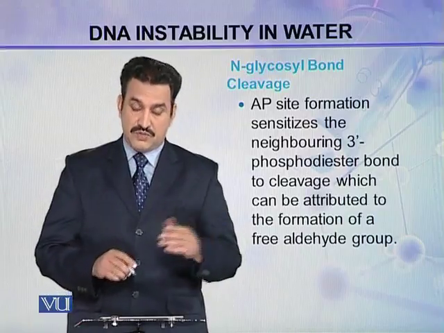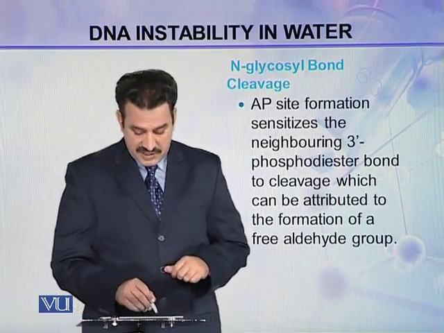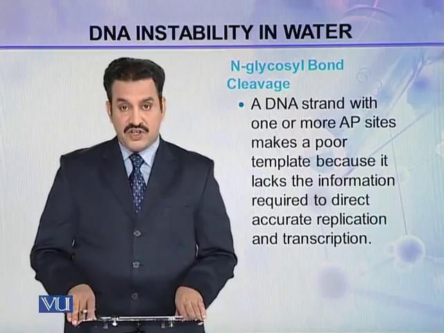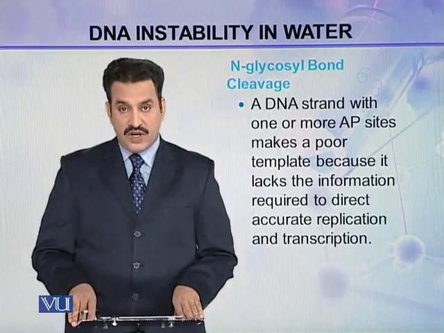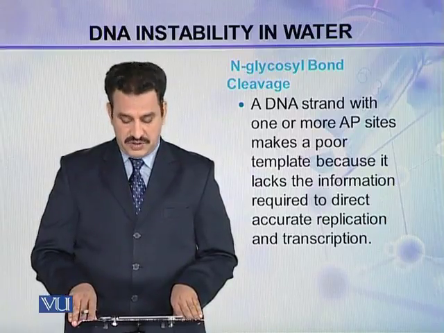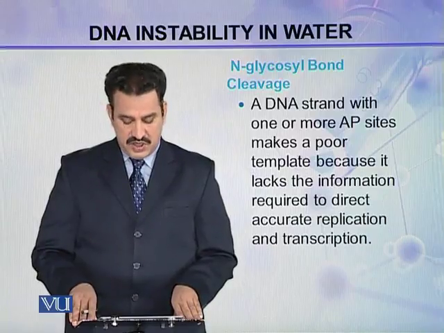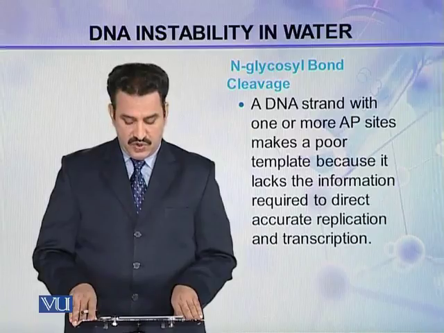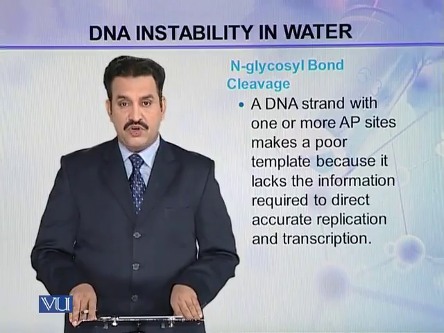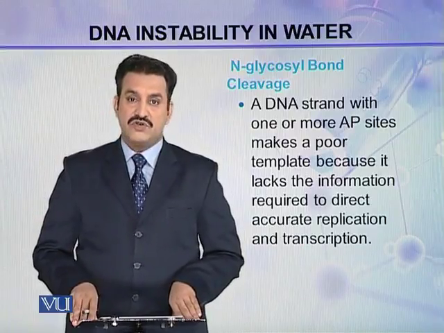So that bond then cleaves. A DNA strand with one or more AP sites makes a poor template because it lacks the information required to direct accurate replication and transcription.